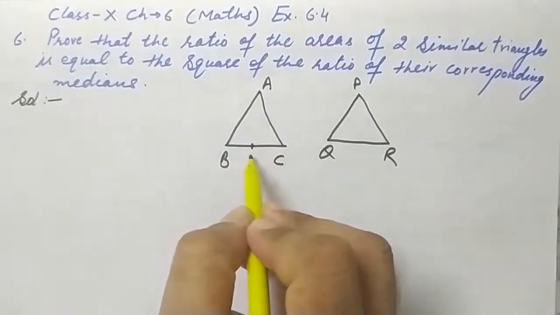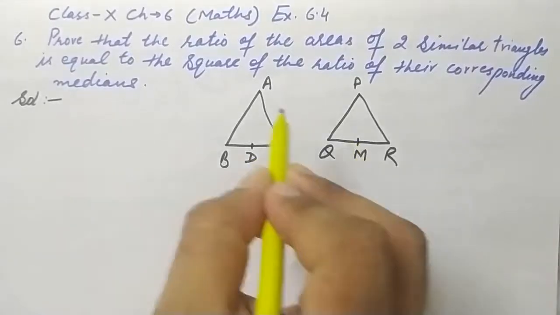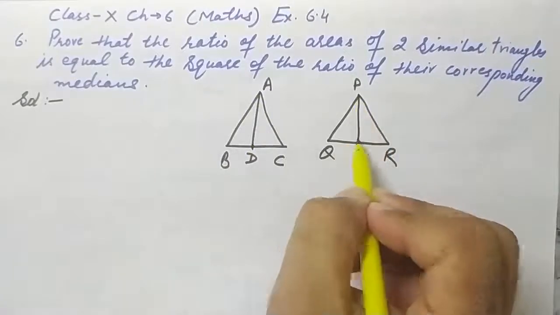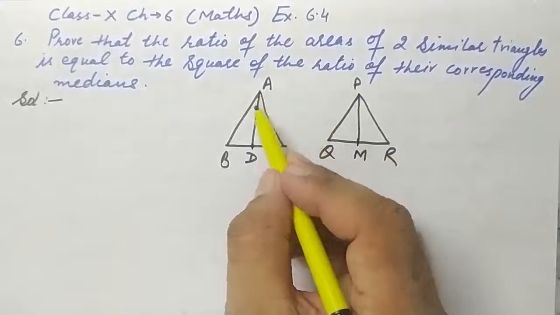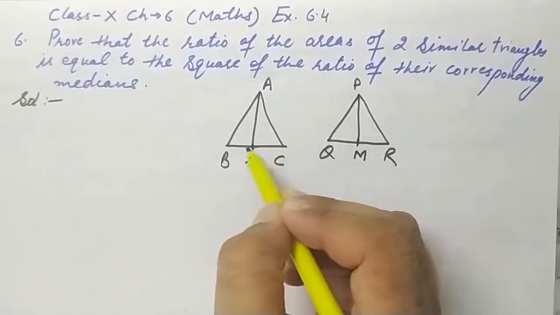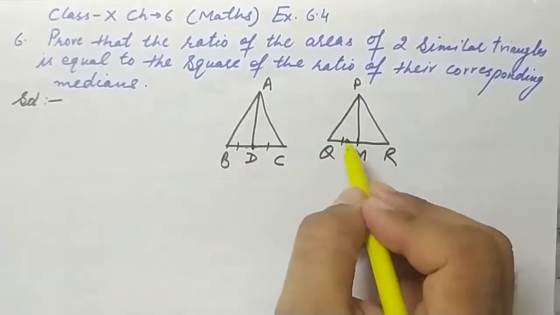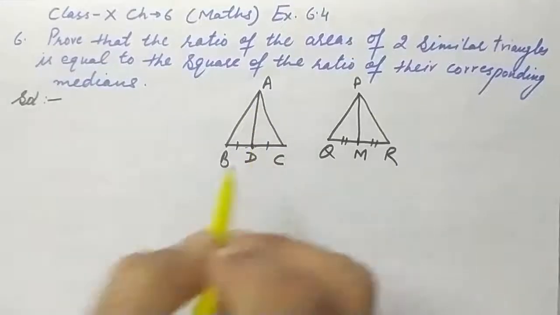If I take the midpoint of BC as D and the midpoint of QR as M, then AD is a median, and here PM is a median. So these two portions will be equal, BD is equal to DC, and here QM is equal to MR, by the condition of the median.